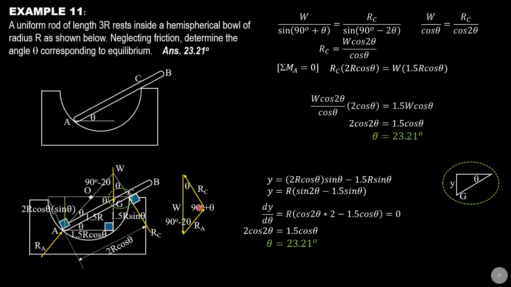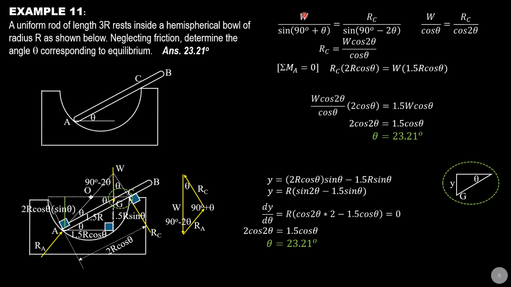So this angle is 180 degrees minus theta minus quantity 90 degrees minus 2 theta. So that's why this is 90 degrees plus theta. If you check, 90 degrees plus theta, 90 degrees plus 2 theta, plus 90 degrees minus 2 theta is 180 degrees. We then apply the sine law to express R sub C in terms of W.